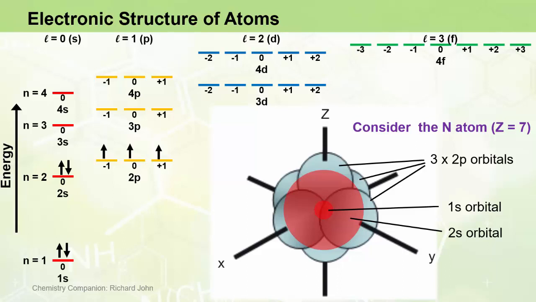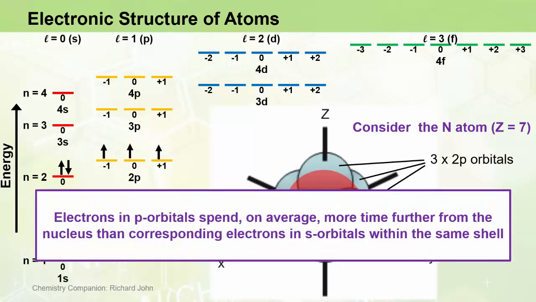Now, the key to understanding why the orbitals of a 2p subshell are slightly higher in energy than the corresponding orbital in the 2s subshell is because electrons in p orbitals spend, on average, more time further from the nucleus than the corresponding electrons in s orbitals within the same shell. And this is largely due to the size and shape of the p orbitals.